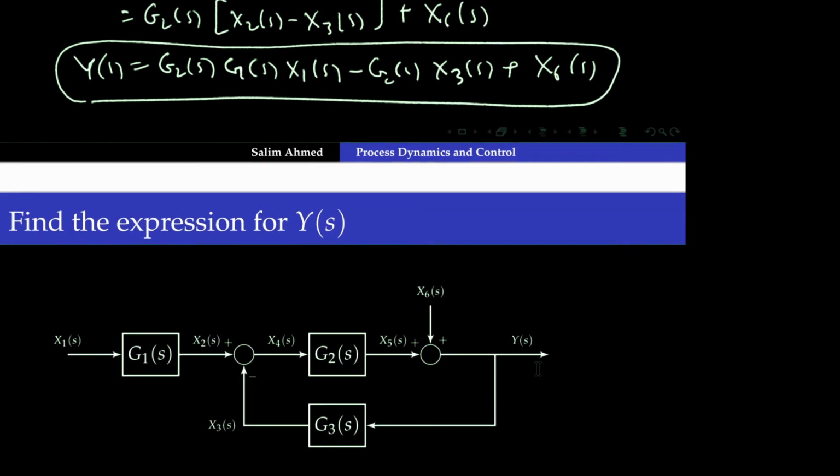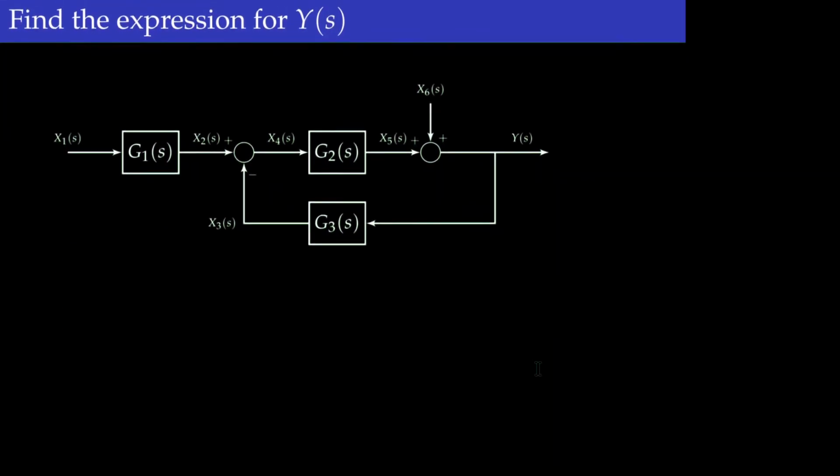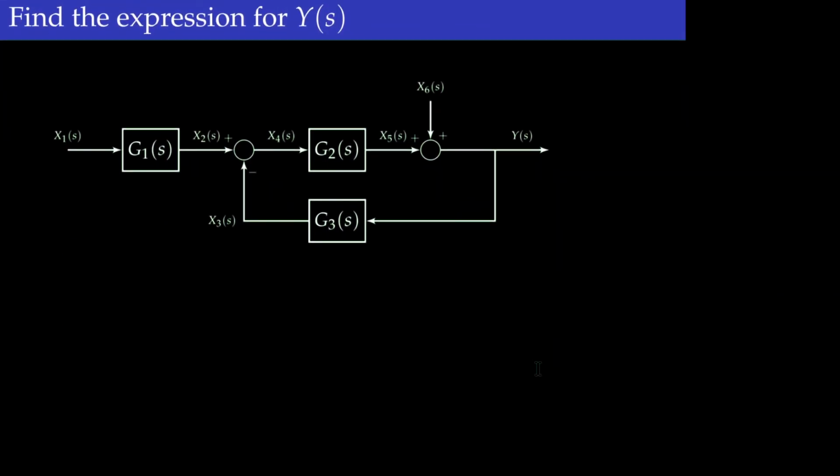Now let's look at the case where we have some sort of a loop here. How to deal with this case? Okay, now for this case, we'll again follow the same procedure. To start with, say ys equals, we have this signal coming in x6 plus x5.